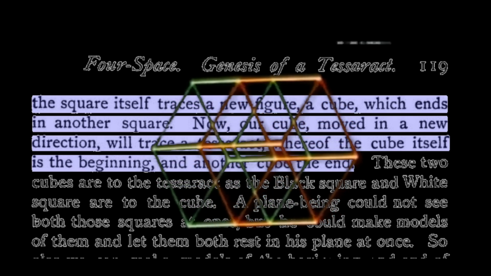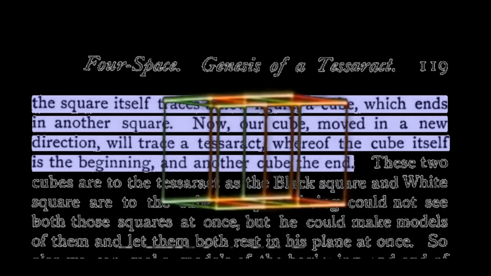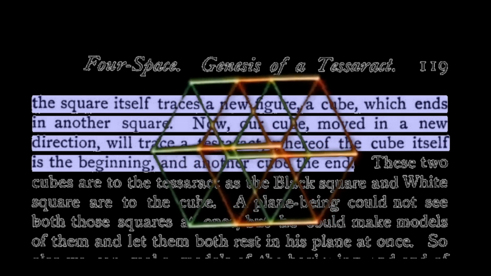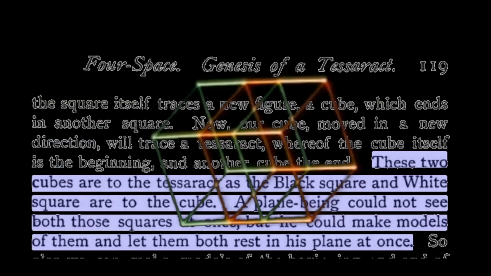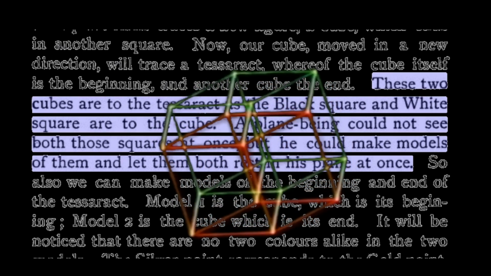Now, our cube, moved in a new direction, will trace a tesseract, whereof the cube itself is the beginning, and another cube the end. These 2 cubes are to the tesseract as the black square and white square are to the cube. A plane being could not see both those squares at once, but he could make models of them and let them both rest in his plane at once. So also we can make models of the beginning and end of the tesseract.